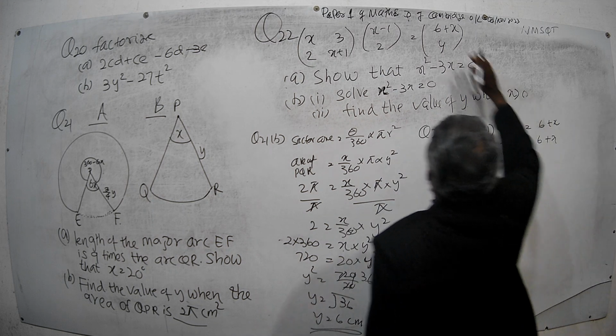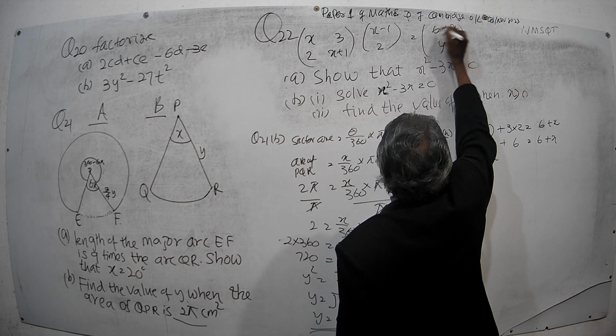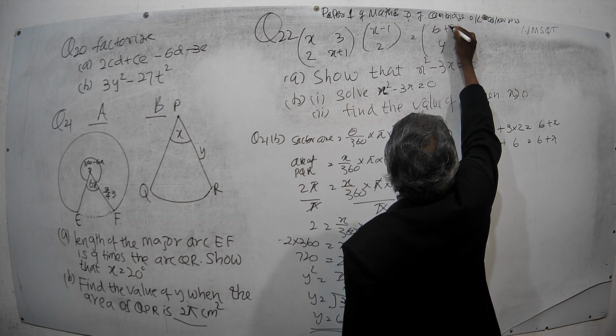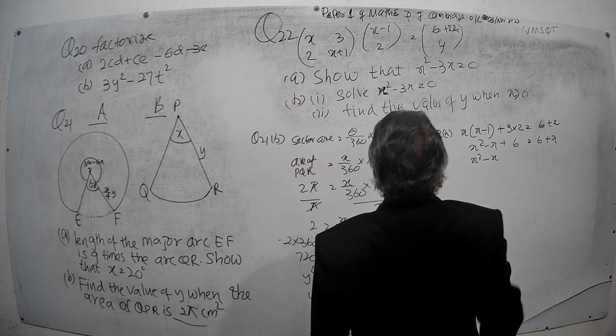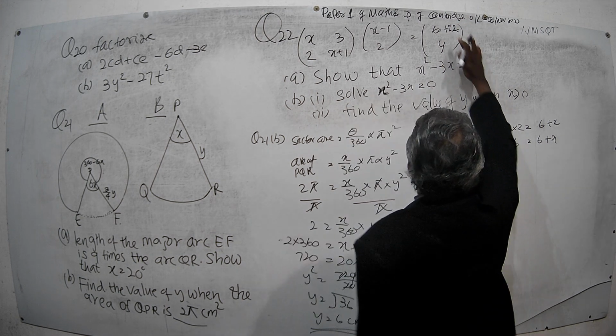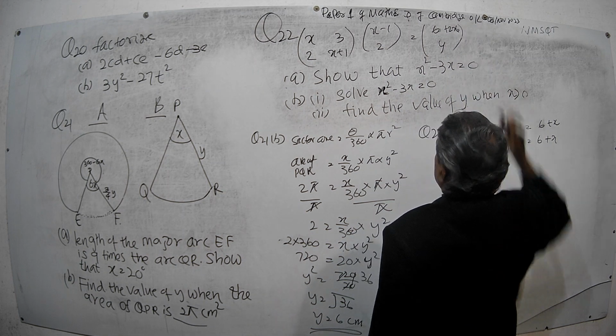This question seems wrong; it should be 6 plus 2x, like that.